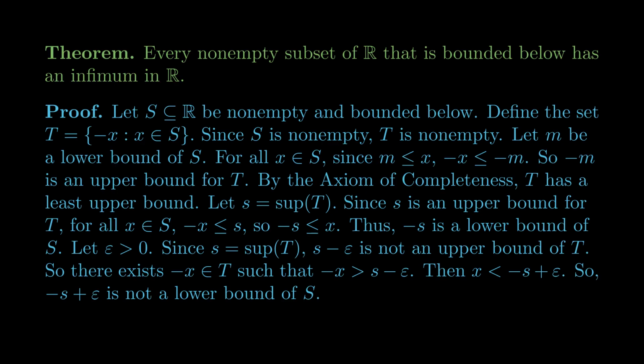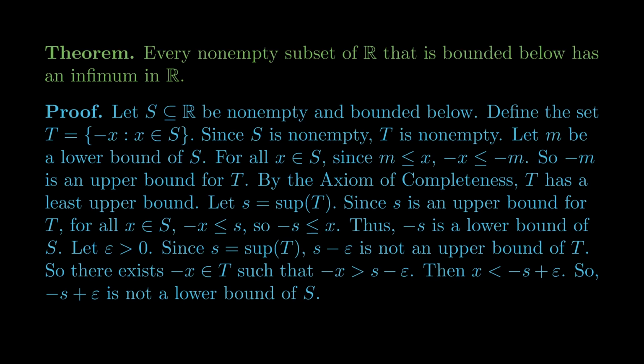Now let's remember what we were trying to argue. We're trying to show that the set S has an infimum, specifically that negative s is the infimum of the set S. And we now have both parts of the proof, because we've shown that negative s is in fact a lower bound for the set S, and we've also now shown that if you take any small step upwards, you'll no longer have a lower bound.